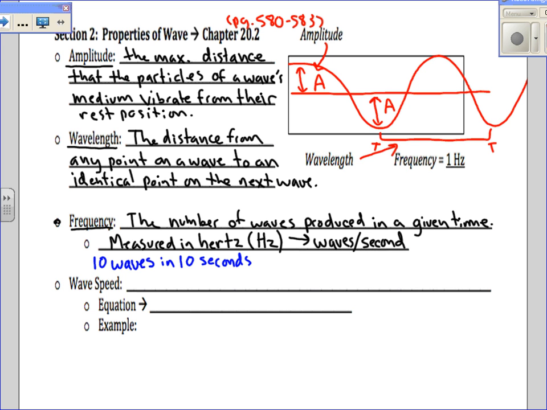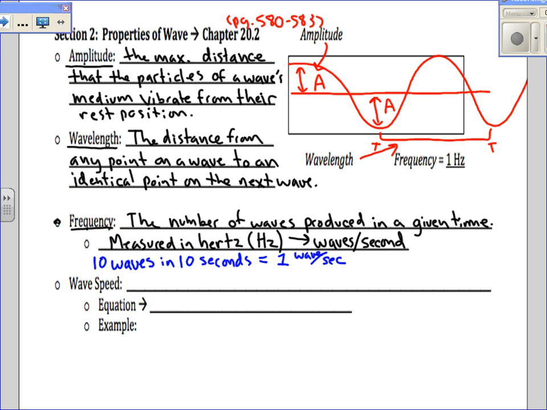Basically, this is going to equal 1 wave per second. So that would be frequency, and that could be measured in hertz. If a wave type has equal amplitudes and the frequency of one is higher, that means it's going to have more energy. So frequency can increase energy as well. You've probably heard of waves that have a higher frequency.